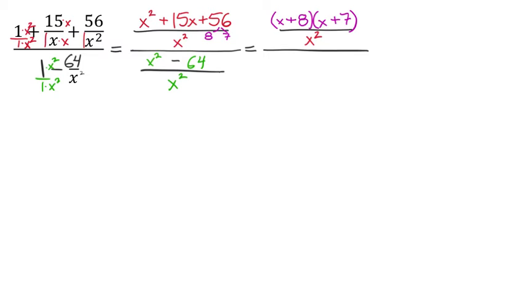Well, we should look to factor anything that we can. Not particularly this x squared, but the x squared minus 64. That looks to me like it's a difference of squares. So I'm going to take that denominator there, and I know that that x squared in the denominator will stay.